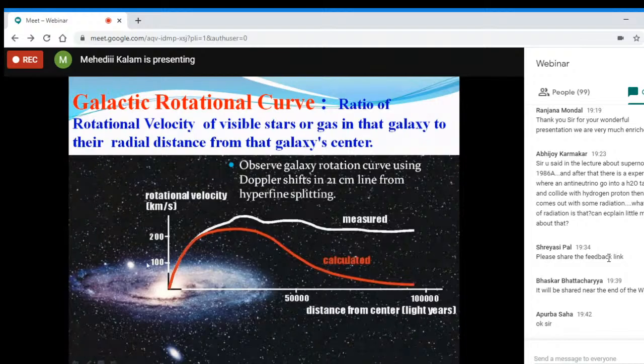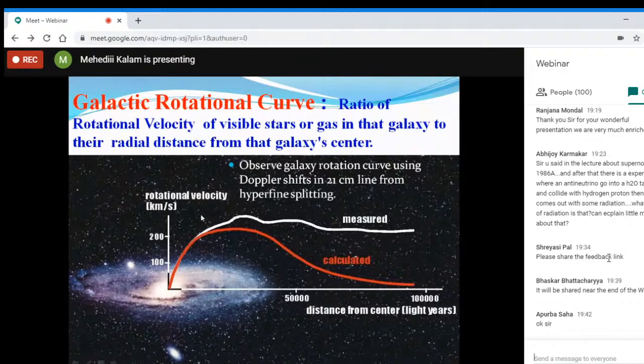So for the galaxy, where the gas and the stars are observed, the observed velocities of the stars are plotted, and that plot gives this curve. That is the rotational velocity versus the distance from the center. This is the measured velocity.